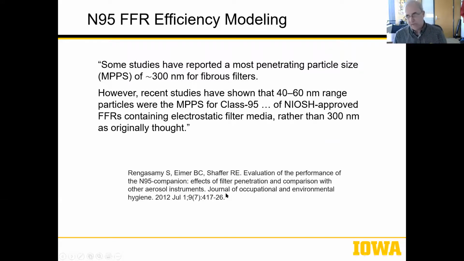He is the NIOSH N95 guy. He knows everything. He's done a massive amount of work over the past 2 decades. He says, some studies have reported the most penetrating particle size of 300 nanometers for fibrous filters. However, recent studies have shown them down at 40 to 60, like I'm showing you. And so the 300 nanometers is not correct anymore. So it's an obsolete concept.